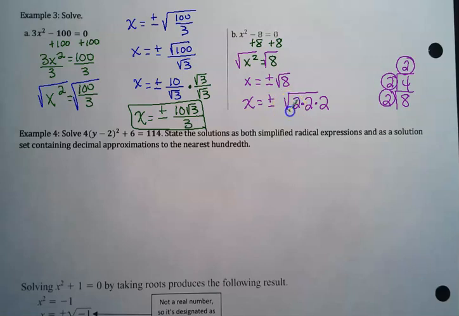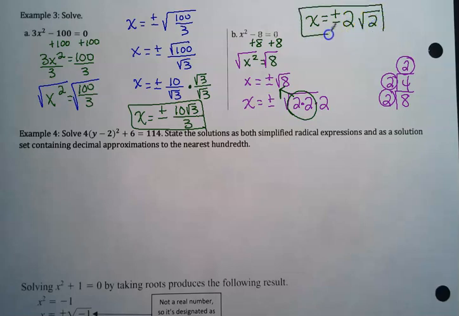Well, 2 of these are needed for a square root to pull out. So x is equal to plus or minus 2 times the square root of 2. That is our solution there. We have simplified that or solved it, however you want to look at it.